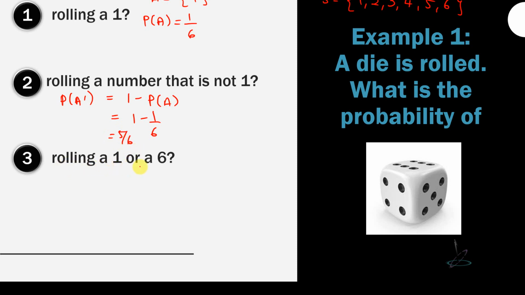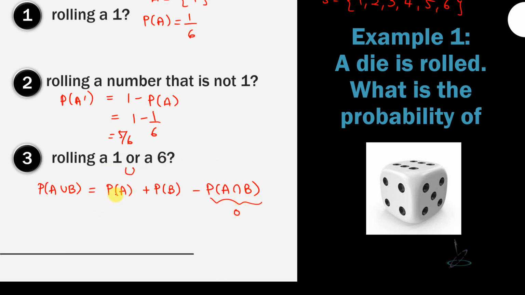Rolling a 1 or a 6, so this is a union. So we are looking at probability of A union B. The formula is probability of A plus probability of B minus probability of A overlap with B. Since we only have one die, the possibility to roll a 1 and a 6 at the same time is equal to 0.